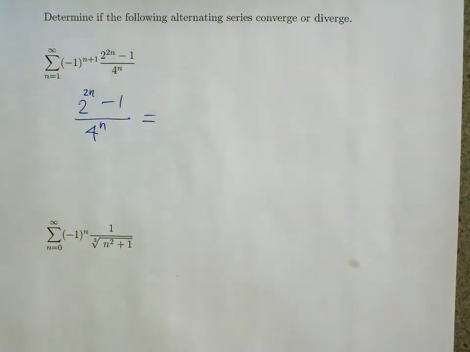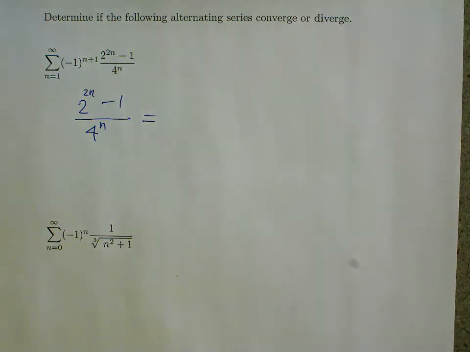Well, we can rewrite this so that it's perhaps easier to work with. The only thing that looks a little out of place is 2 to the 2n. 2 to the 2n is perfectly fine, but what's another way to express 2 to the 2n?